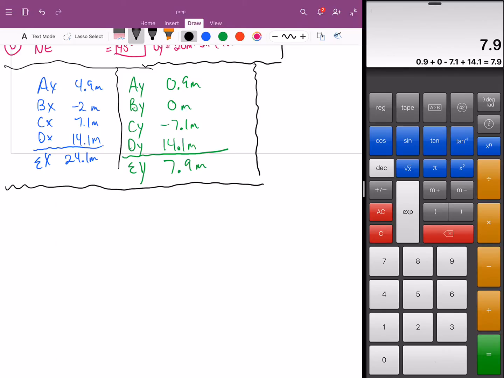Now let's find the angle of displacement. Sum of y divided by sum of x. In this case, 7.9 divided by 24.1 meters.